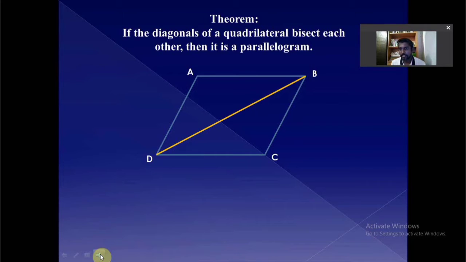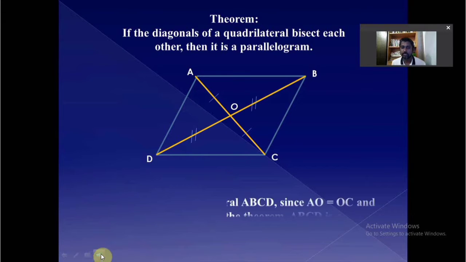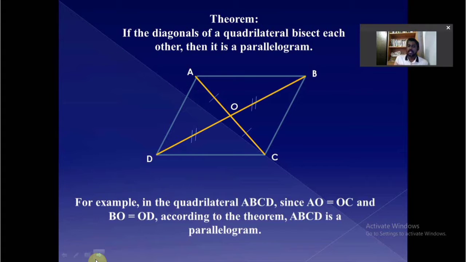DB is one diagonal and the next one is AC. They bisect each other at the intersecting point O. Then DO equals OB and AO equals OC. Therefore, according to that theorem, the quadrilateral is a parallelogram.